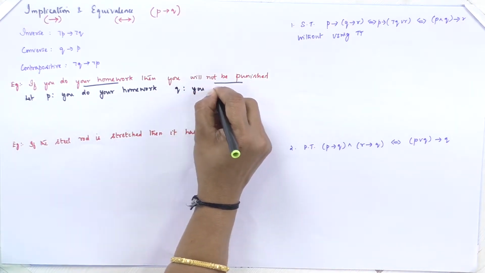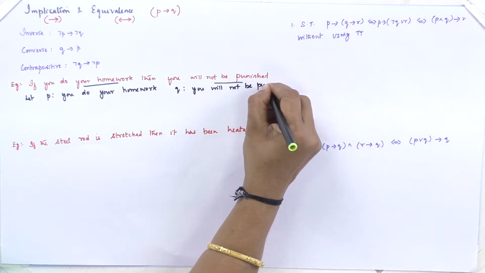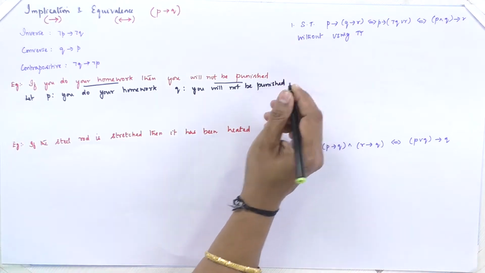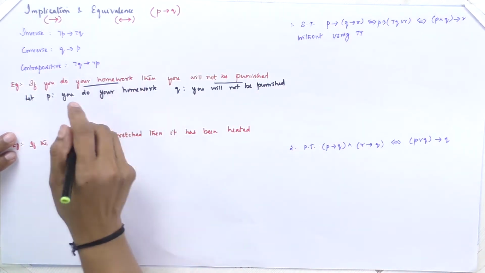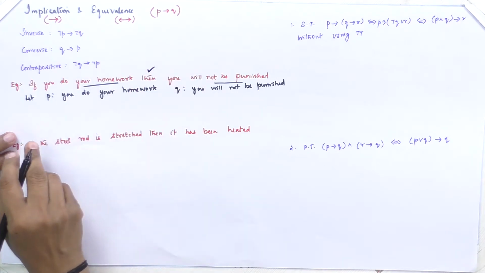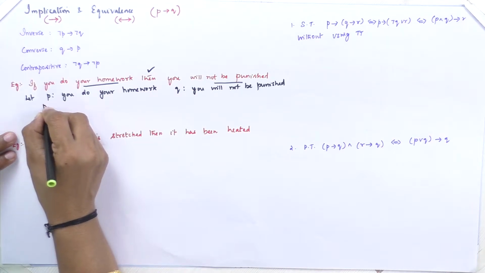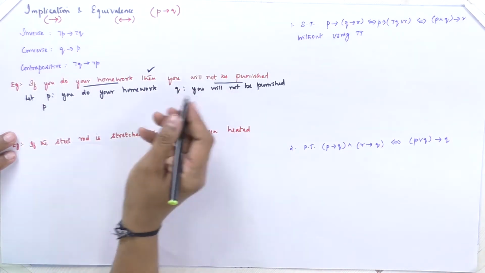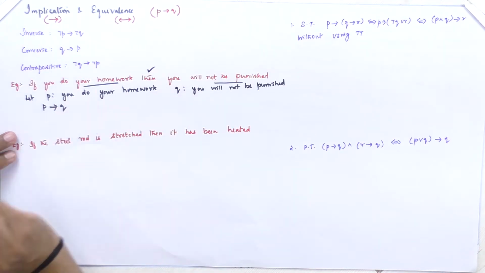Now look at the statement, if you do your homework, then. What is the suitable connective here? It is conditional. If you do your homework P, then you will not be punished Q.